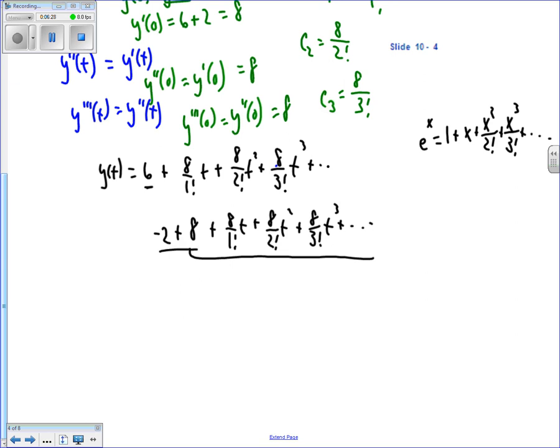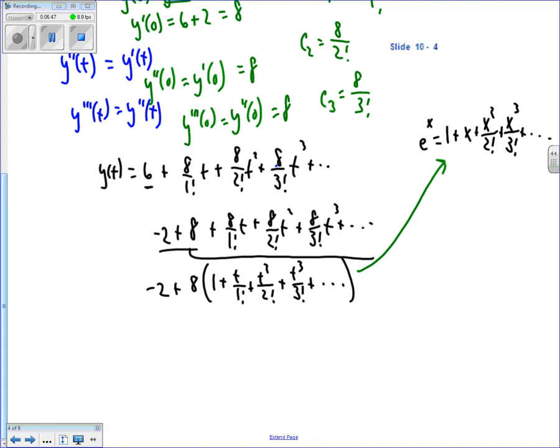Now I can take an 8 out of all those other terms. I have -2 plus 8 times 1 plus t over 1 factorial plus t squared over 2 factorial plus t cubed over 3 factorial plus, and that should look familiar to you. It is the Maclaurin series for e to the t. So my function y of t is -2 plus 8 times e to the t.